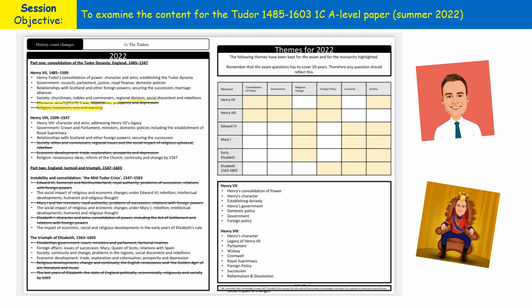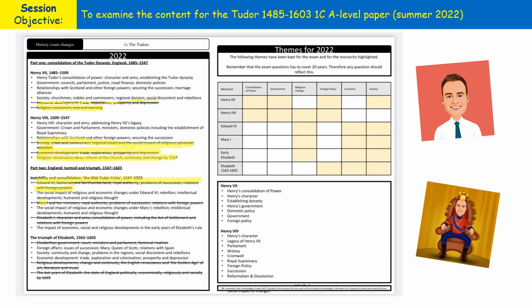So we'll pop those in yellow for you just to have a look at, for example, society, economic development and trade within Henry VIII. That will be potentially in your summer of 2023 assessment paper. The mid-Tudor crisis period, Edward VI's relationship with Somerset and Northumberland and their policies, that could potentially be coming up in the summer of 2023 as well.